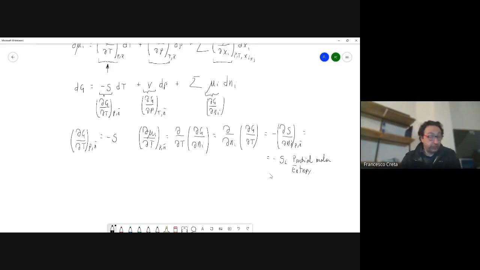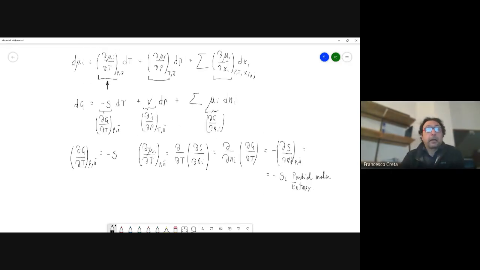And we can really do something very similar to this quantity here. So again, I really want to express now this term. Remember first of all that dg by dp, at constant temperature and number of moles, is equal to the volume. We just saw that.